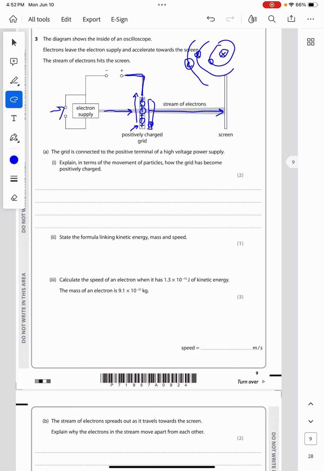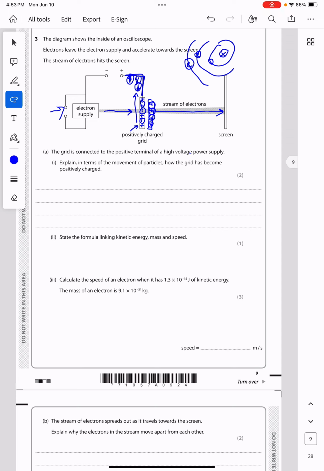We will end up having more positive charge than negative charge because a lot of the negatively charged electrons left the grid and went to the power supply here. They went here.